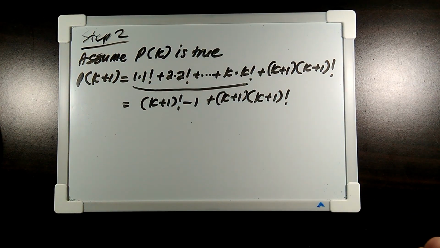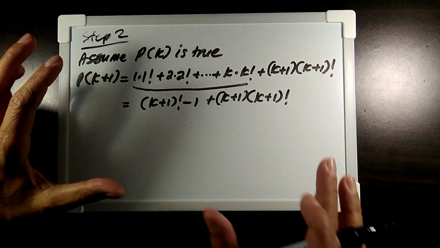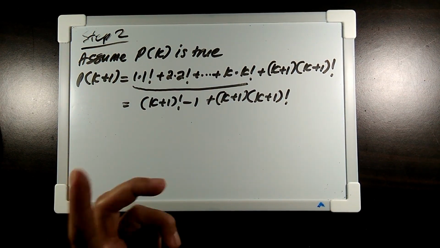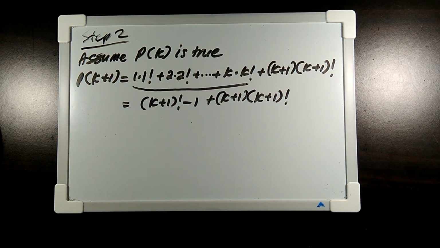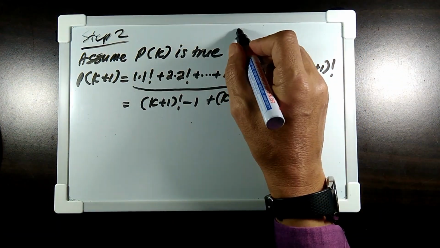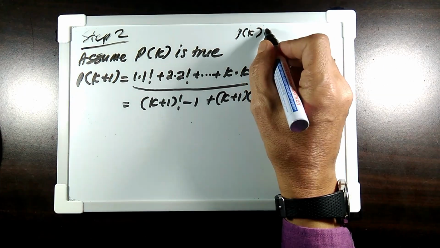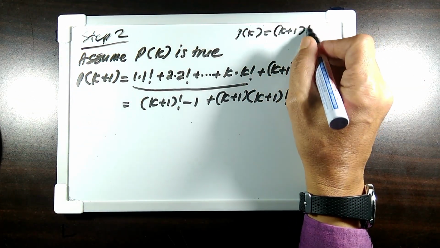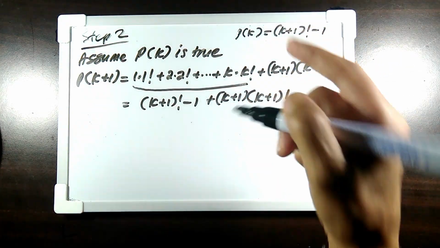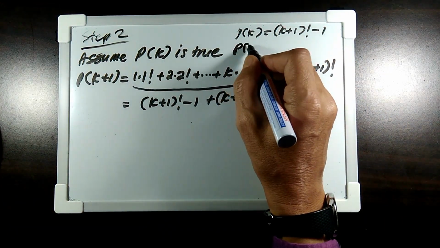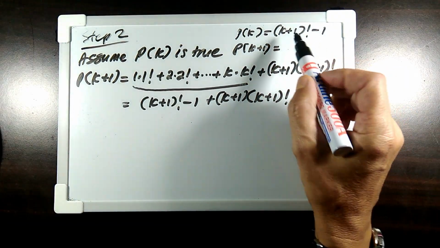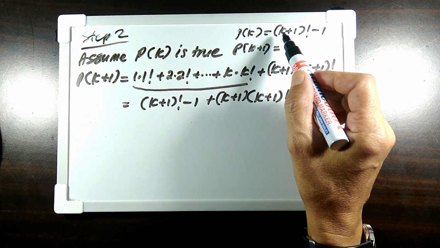Up to this stage, we have to manipulate this algebraic expression until we reach our target. What we mean by our target is this: if Pk has right hand side (k plus 1) factorial minus 1, then Pk plus 1, whenever we see k, we substitute by k plus 1.